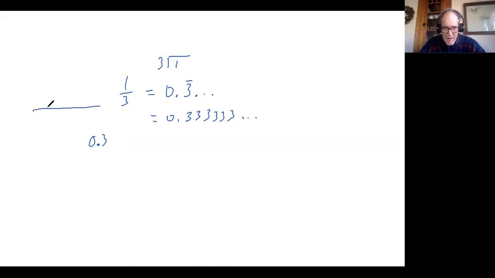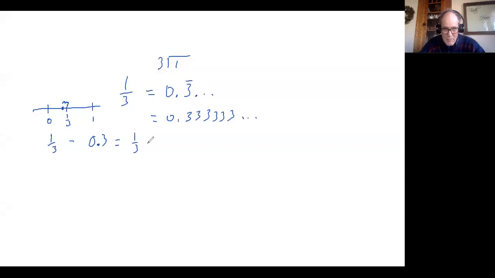Now on a graph, say if that's 0 and that's 1, 1/3 would maybe be right there, and 0.3 is going to be right here. So this gap right here, that's the distance between 1/3 and 0.3. And we could find that distance by simply subtracting 0.3 from 1/3.